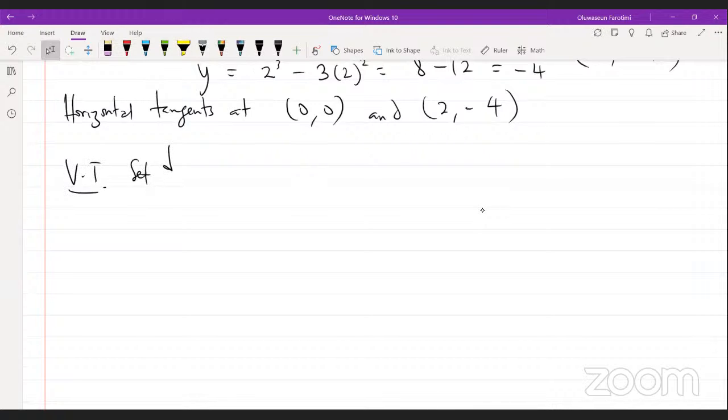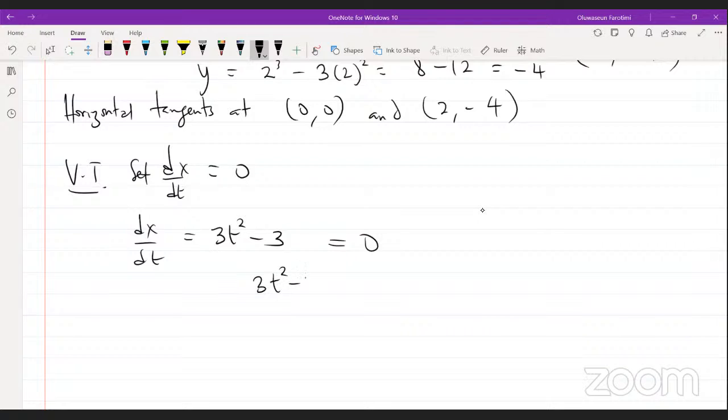I must set the dx/dt to be 0. In this case, when we differentiated x with respect to t, dx/dt was actually what, guys? 3t squared minus 3. Set this equal to 0.